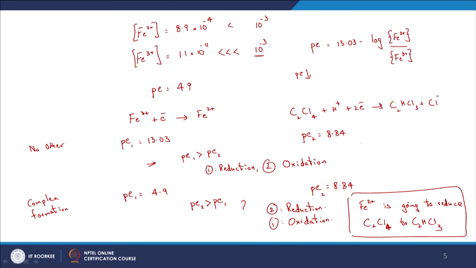In this case, when there are no complexes being formed, C2HCl3 is going to reduce Fe3+ to Fe2+. So, obviously you now tend to appreciate the relevant aspects. If someone did not consider the complexes or did not have the background, they would have had an erroneous understanding of the system.